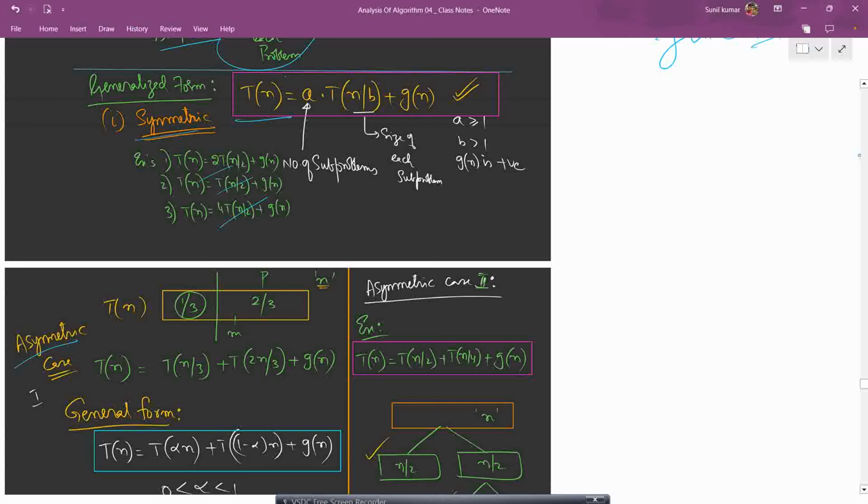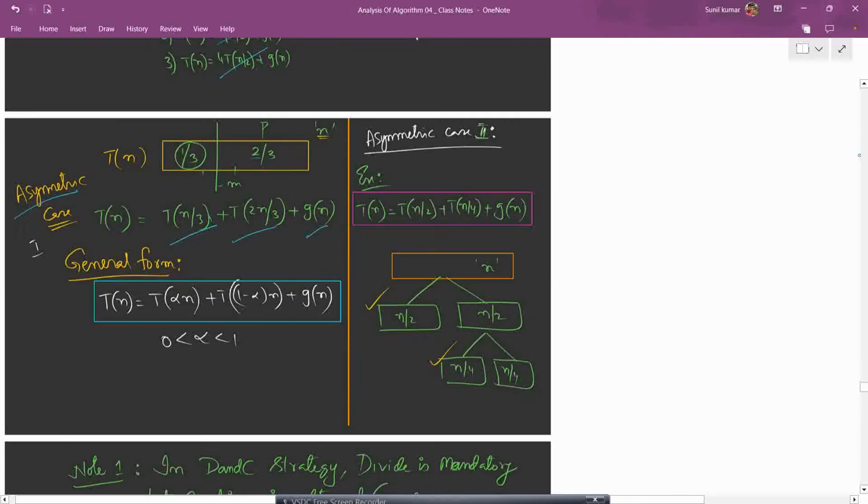Symmetric: in this we divide into equal parts, the size of the sub problems is half of the problem. And in the asymmetric case, it would be T(n/3) plus 2T(2n/3) plus g(n).